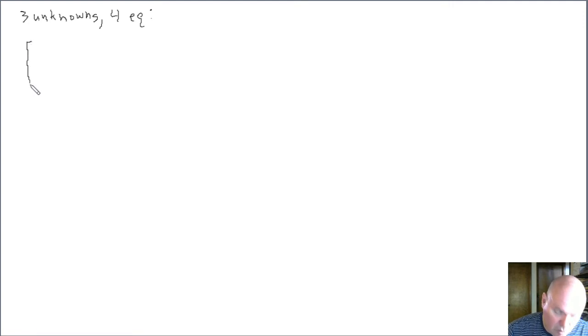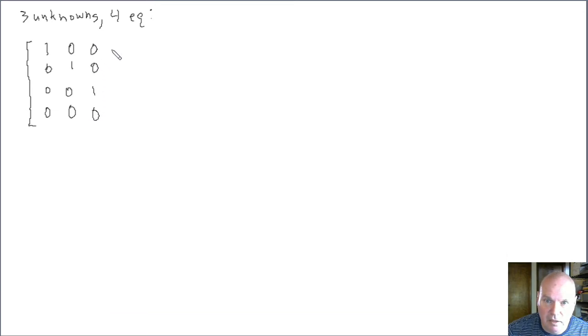Okay, so with 4 equations, I'm going to end up with an augmented matrix that has 4 rows. Here I'm just giving you the final reduced row echelon form, after we've done our elementary operations. Let's say we get something like this. I'm just going to write down arbitrary values here.